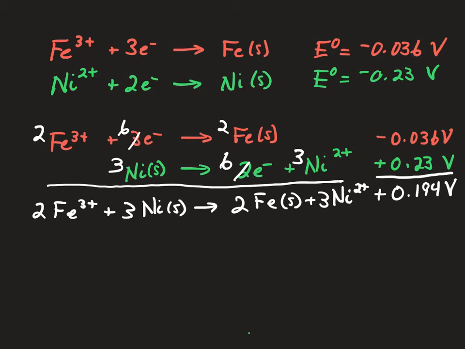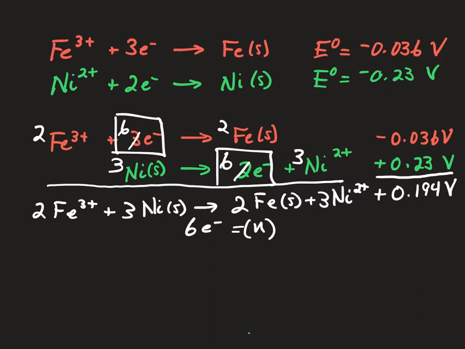But what's important to us here is this and this. What was transferred is 6 moles of electrons. That becomes our n in our equation.